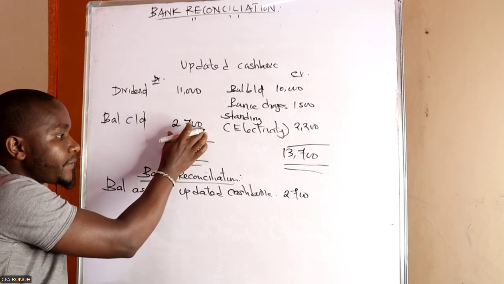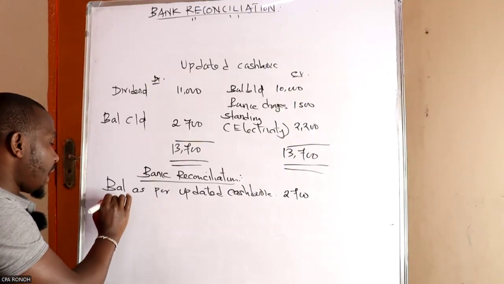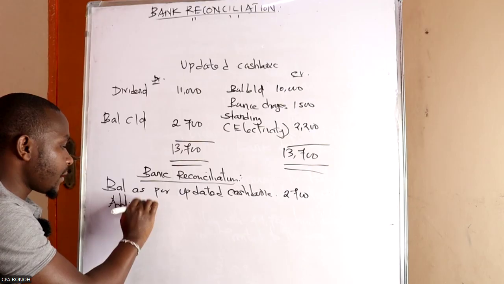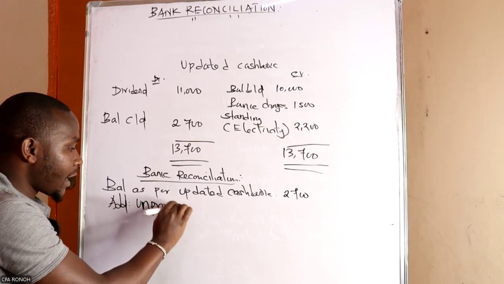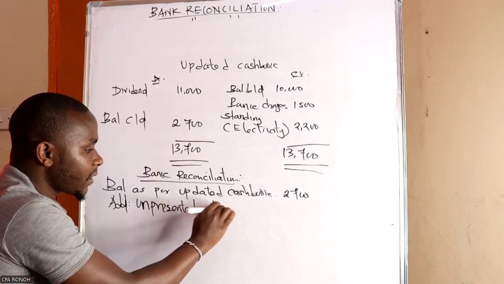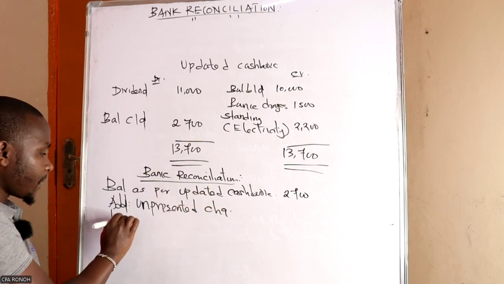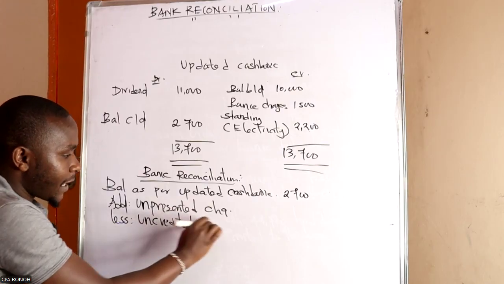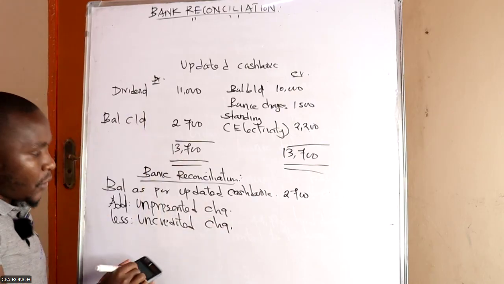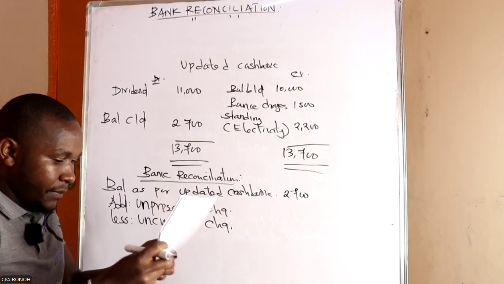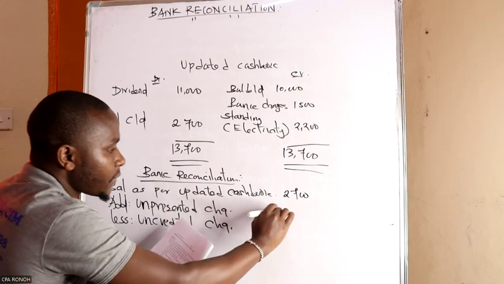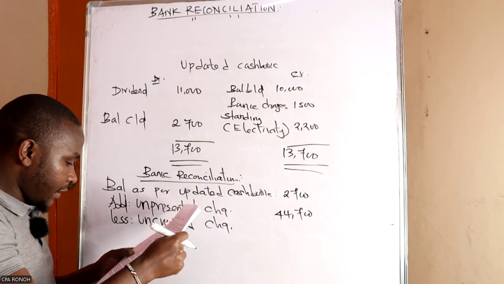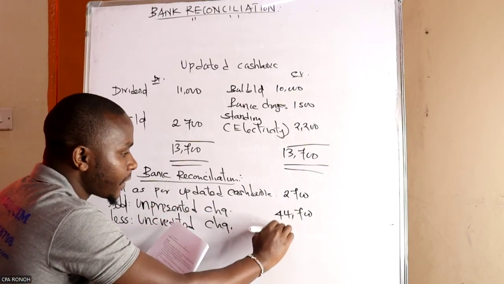These are negative. So we will add unpresented check, we less uncredited check. So how much do we have as unpresented check? 44,700. Uncredited check is 12,000.